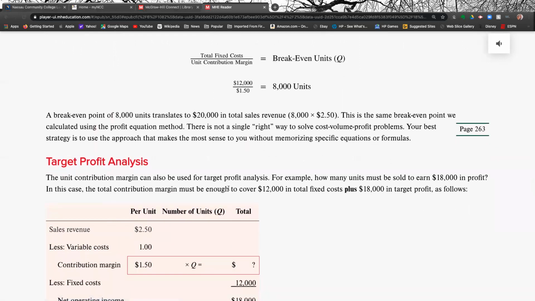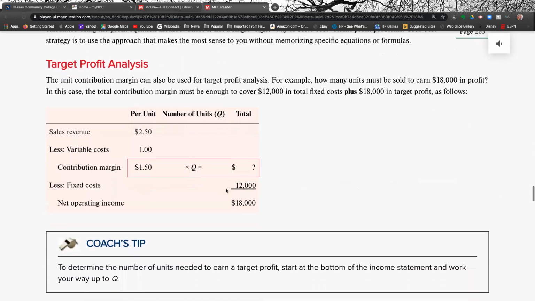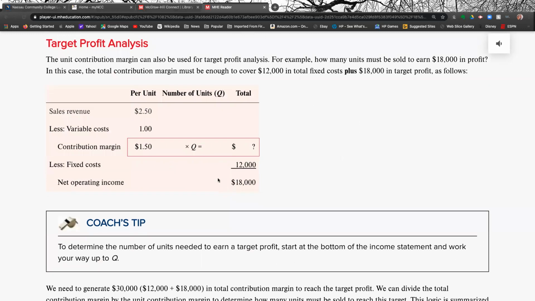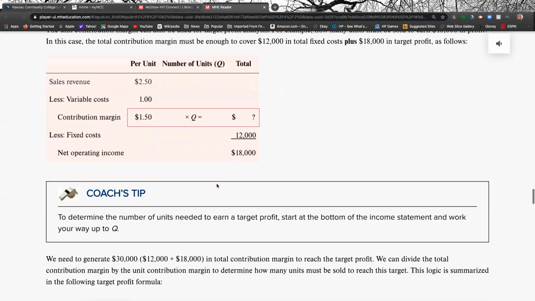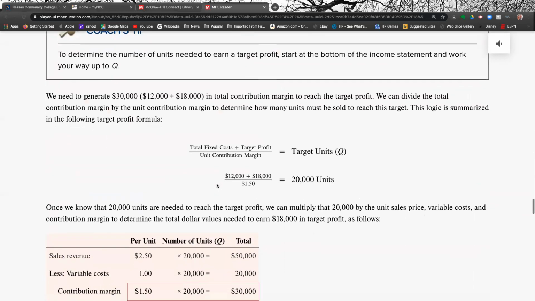Now, what about target profit? What if we took the same example and we decided that we wanted to make a profit of $18,000? Formula is almost the same. Take the fixed costs and add the profit, divided by the unit contribution margin.